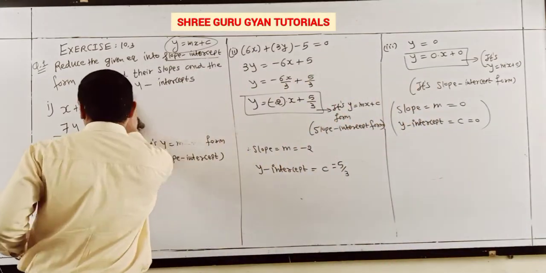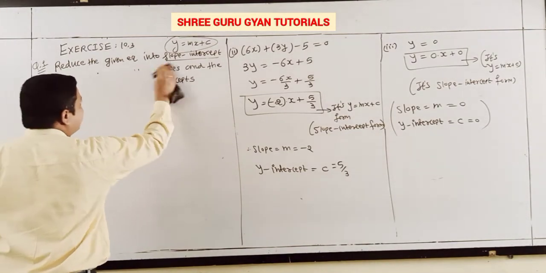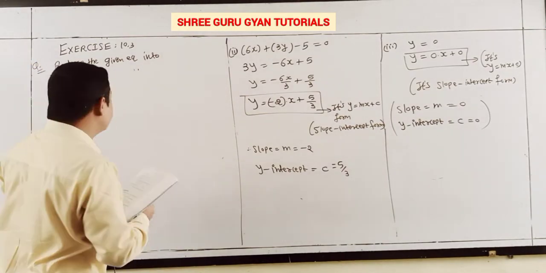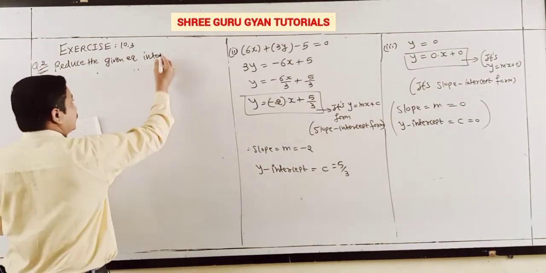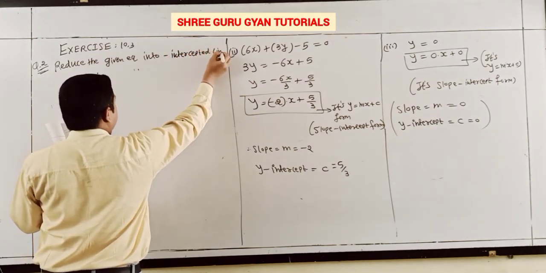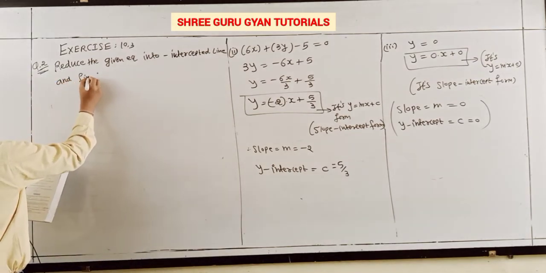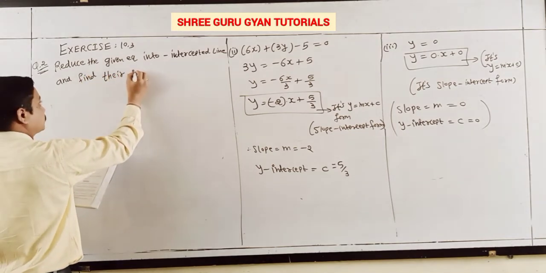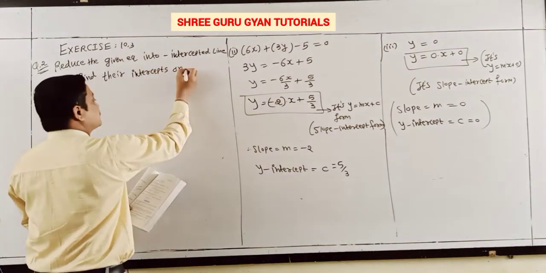The second question is also the same, only asked in a different way. Reduce the given equation into intercept form of a line and find their intercepts on the axes.